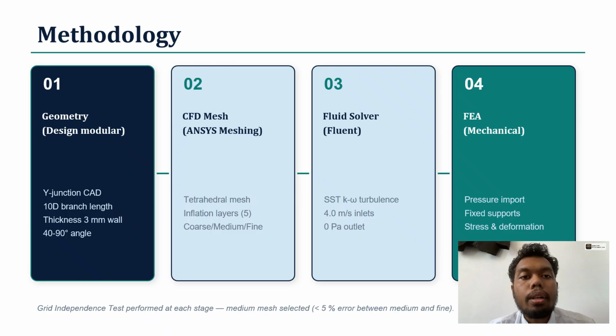Finally, the pressure distribution from CFD was imported to ANSYS Mechanical. The pipe ends were fixed and we calculated the total deformation and von Mises stress. Before analyzing the result, we performed the grid independence test to ensure the mesh quality did not significantly influence the simulation outcome.